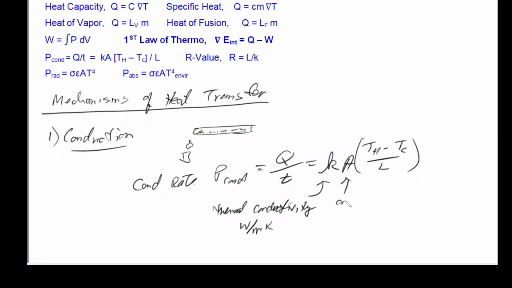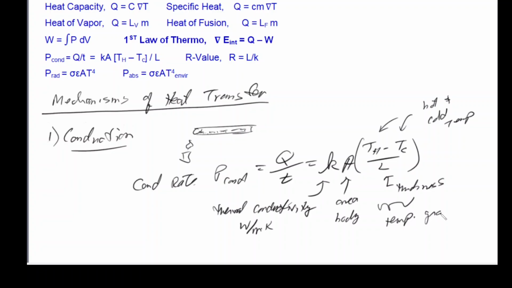A is the area of the body, and TH and TC are the hot and cold temperatures from one side of the body to the other, and L is the thickness of the body. And actually, the change in temperature over L is the temperature gradient of that body.